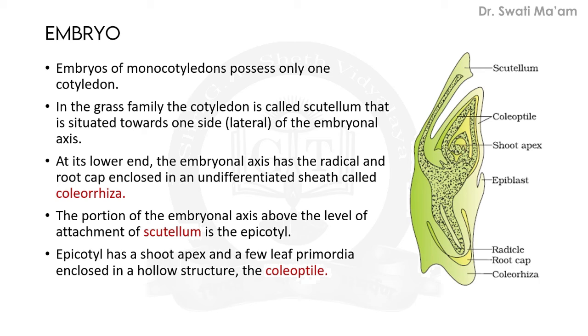The portion of the embryonal axis above the level of attachment of the scutellum is also known as the epicotyl. This epicotyl has a shoot apex and leaf primordia, which are enclosed in a hollow structure, and this covering of the leaf primordia is known as the coleoptile. In general, we can learn it like this: the shoot part is covered by the coleoptile, and the root part, the radicle, is covered by the coleorhiza. The two terms are very similar, so you have to learn them very precisely.